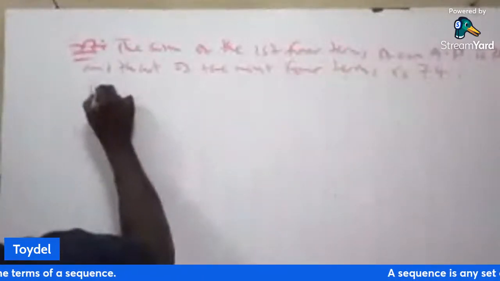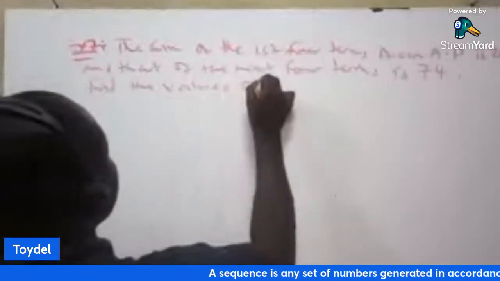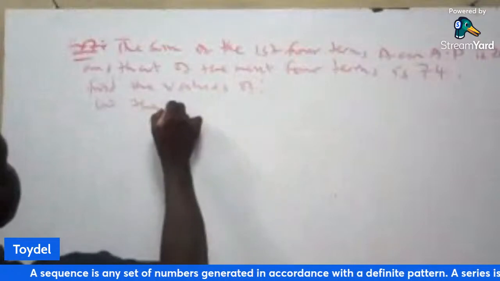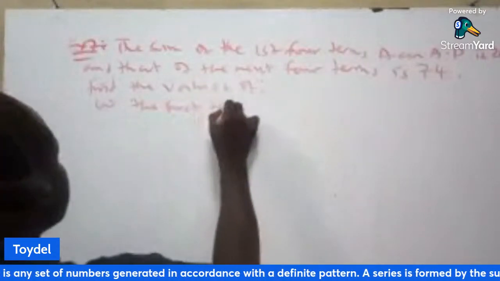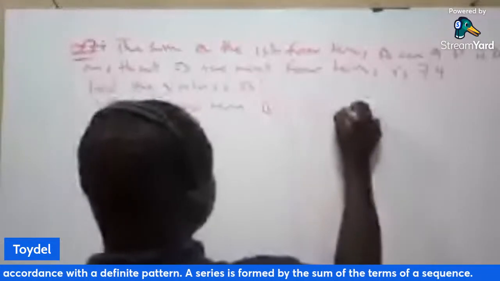So the question now says find the values of the first question, a, the first term. Then the second question, the common difference.